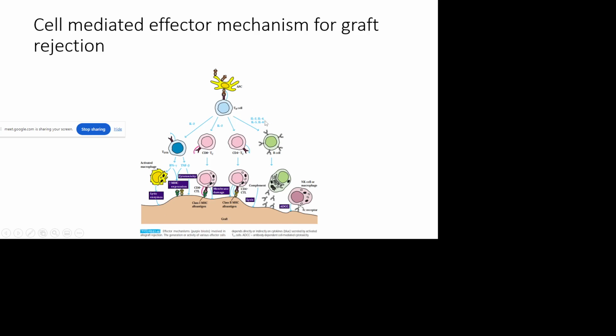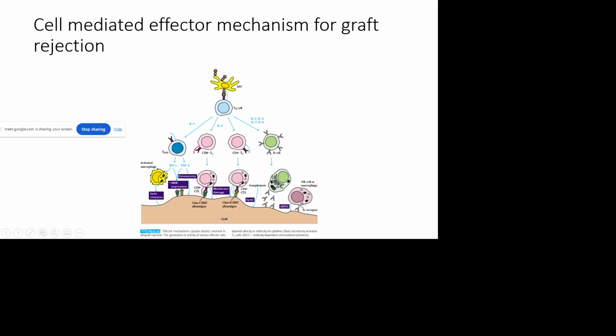Here the TH cell will secrete IL-2, 4, 5 and 6, which will activate the B cell. Now the B cell will become a plasma B cell, which will secrete antibody, right? The antibody will bind to this graft antigen, and as we know, when the antibody binds to the antigen, it will activate the complement system, and the complement system will lyse the graft tissue.